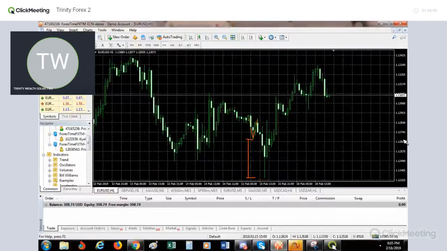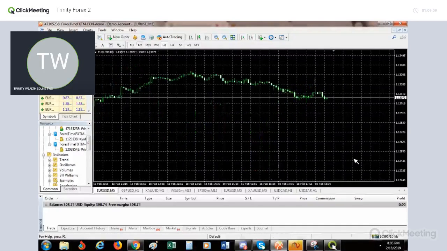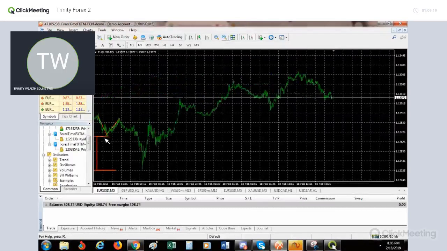You see, even before we do that, you can see after this new structure low was formed, there was a very strong rejection. And the market is on H1. But even when you're looking at M5, the price has really moved from that region. We cannot really see that area using the smaller time frames, especially when we have enlarged our candlesticks. Okay, so let's just look at the bullish side of it.